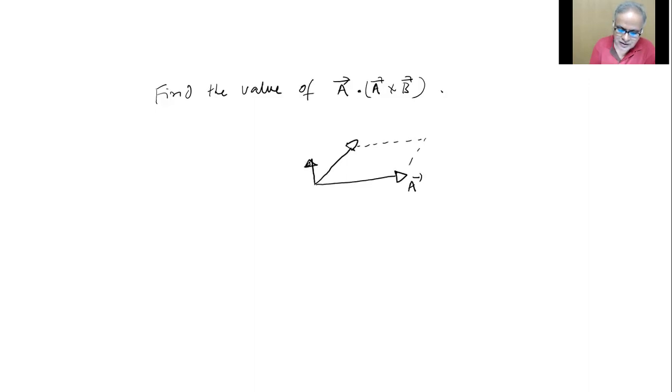This way, right? This is perpendicular to this whole plane. Call it C, for example.